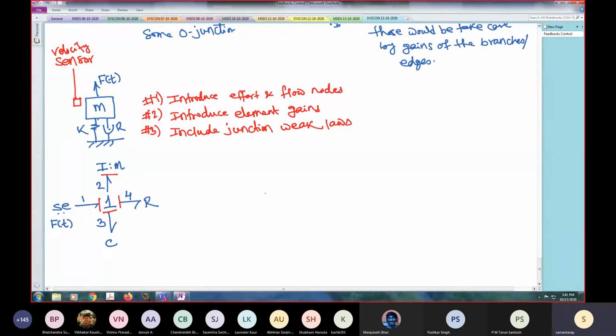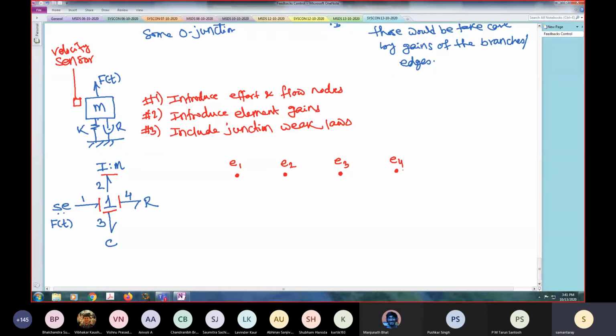So I will introduce a node, a small dot, and write E1 there. Another node E2, another node E3, another node E4.